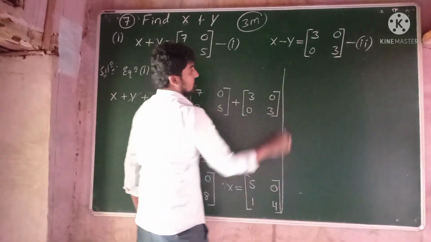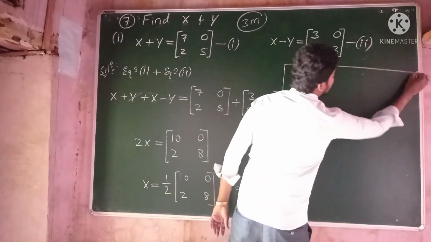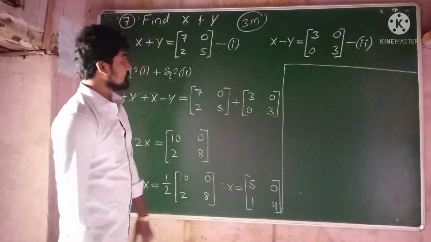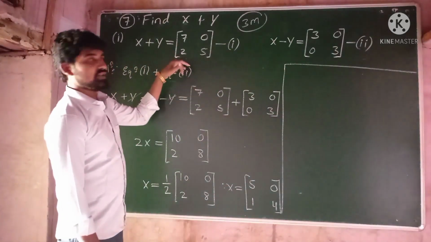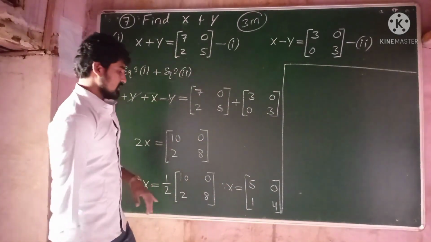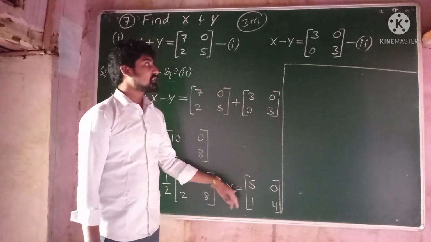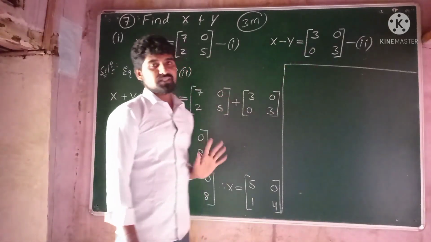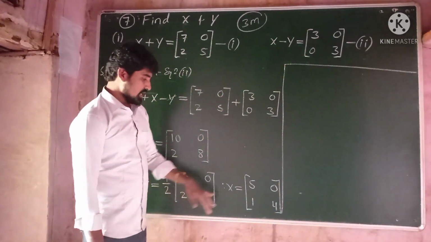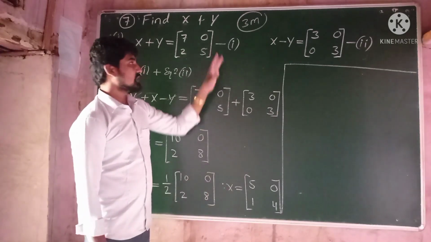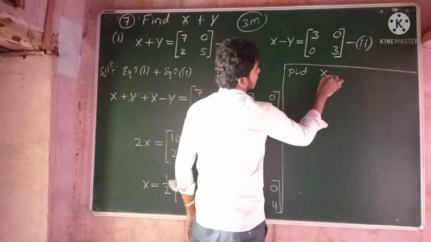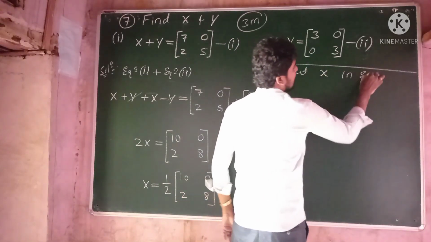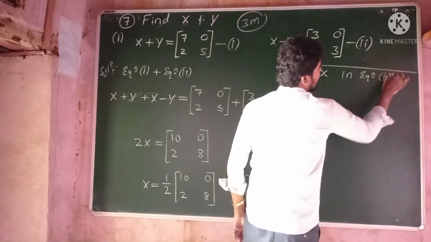Now to find matrix Y, we need to subtract equation 2 from equation 1, or substitute matrix X in any one of these two equations. Easier, substitute this matrix X in equation number 1. So put matrix X in equation 1.